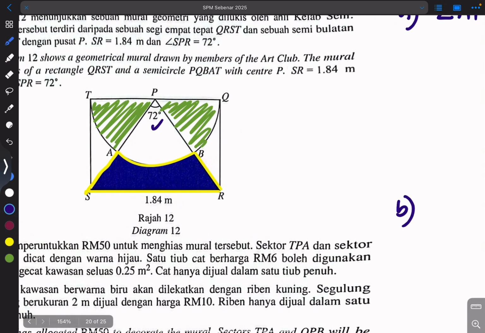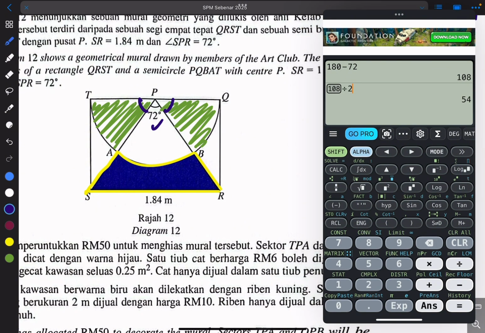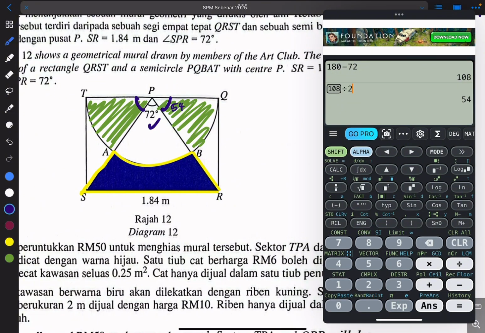Okay, first we need to figure out these two angles. So the whole thing is 180. 180 minus 72, we will get 108. Okay, so this plus this is 108 degrees. So if we divide this by 2, we get 54 degrees. Okay, 54 degrees, 54 degrees.